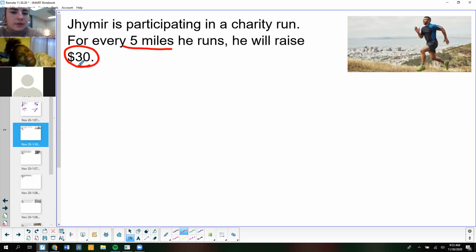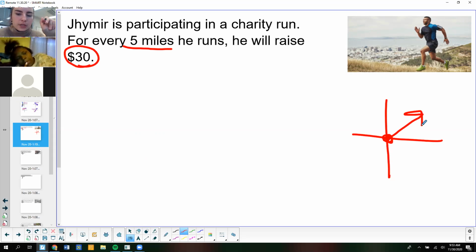So we want to talk about, is that proportional? Is that non-proportional? A non-proportional relationship is where you have something that makes it not a straight line, not coming from the origin. Remember, the very first week we talked about proportional relationships: straight lines coming from the origin.